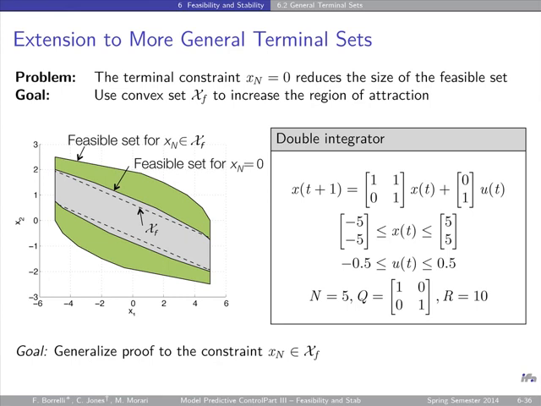And this is X0 when you use Xf being the yellow one. Clearly, the X0 in yellow is bigger than the X0 in red. So the idea is, let's get a larger set. And the proof that is coming next is to show how to choose this set, and how to choose the terminal constraint and the terminal cost into this set.